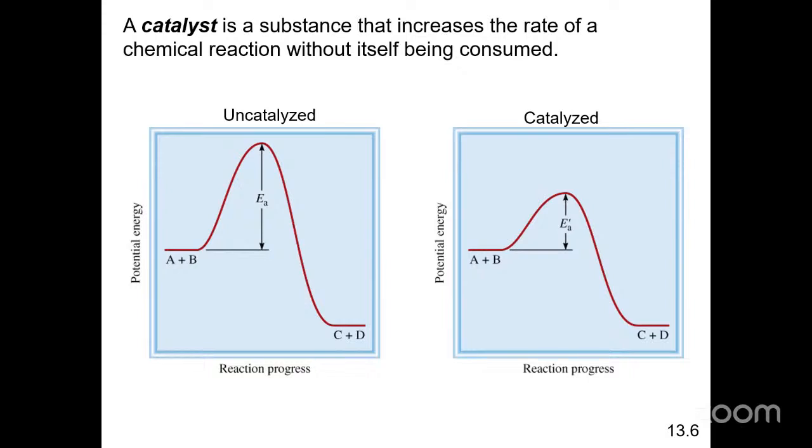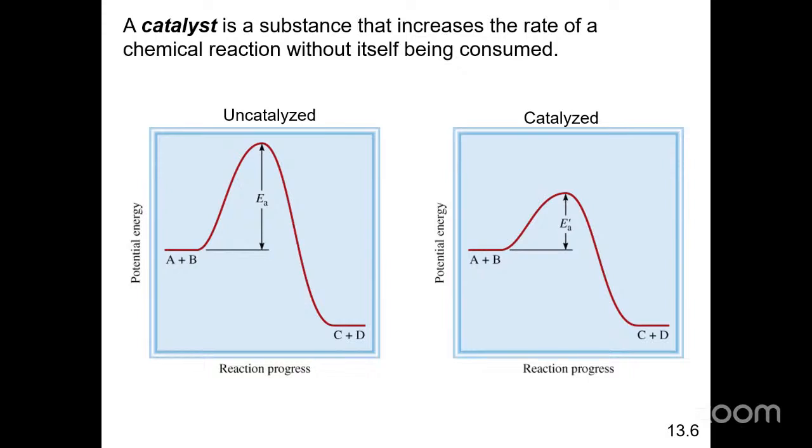So the mechanistic pathway for the catalyzed reaction would be different compared to the uncatalyzed reaction. And as a result, when you compare the activation energies of both, you'll find that in the case of the uncatalyzed reaction, the activation energy is higher compared to the catalyzed reaction. So the reaction that is catalyzed will have a faster reaction rate.